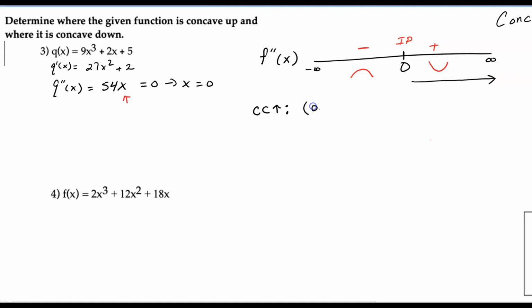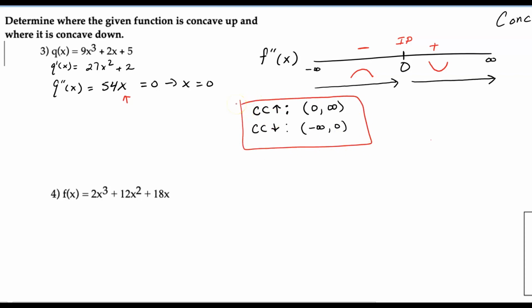So I write in parentheses 0 to infinity, an open interval. And where is it concave down? Similarly, it's from negative infinity to 0. So I will write that as well. That's where it's concave down, and that answers my question.